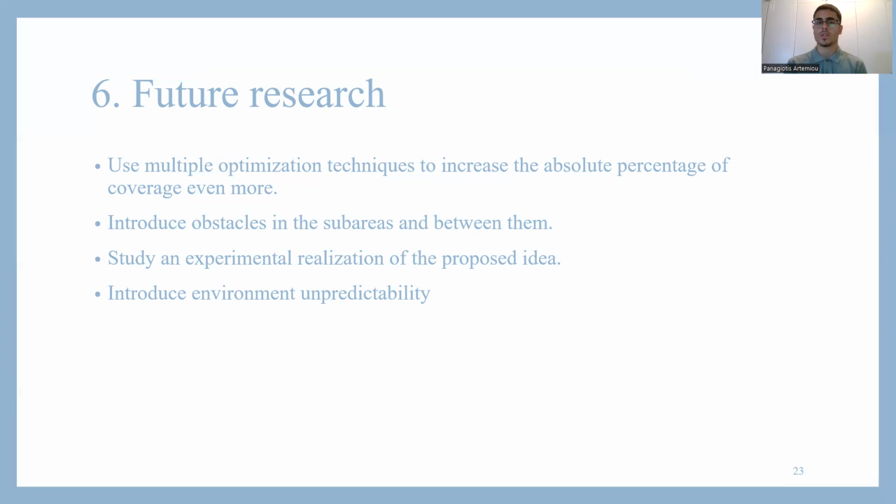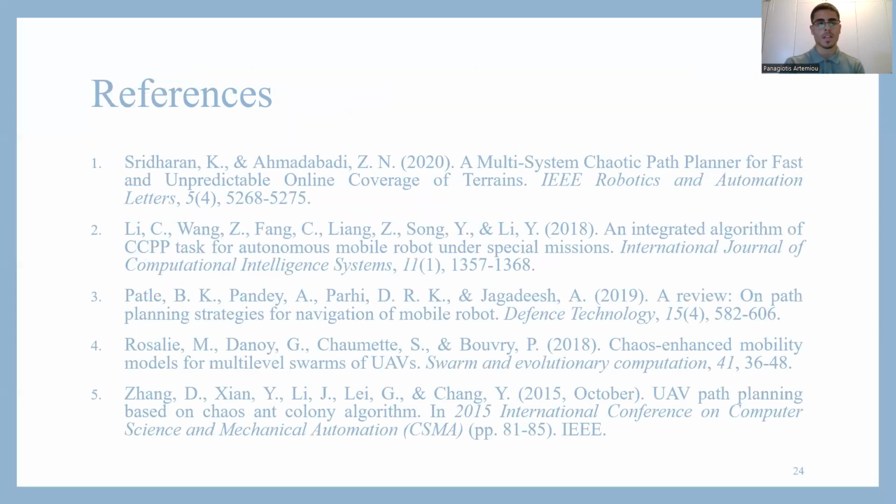Also introducing obstacles in the area and between them, and also introducing some environmental unpredictability, would make this idea applicable to a broader scope of applications where the environment is really unknown or has obstacles. And finally, studying an experimental realization of the proposed idea to see whether it is applicable and what the difference is between theory and experiment.